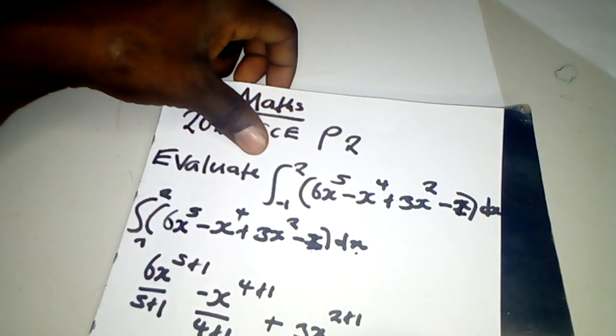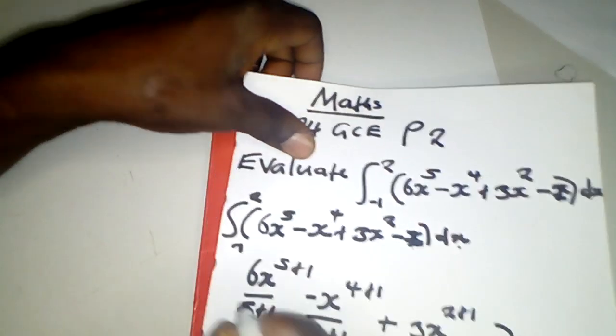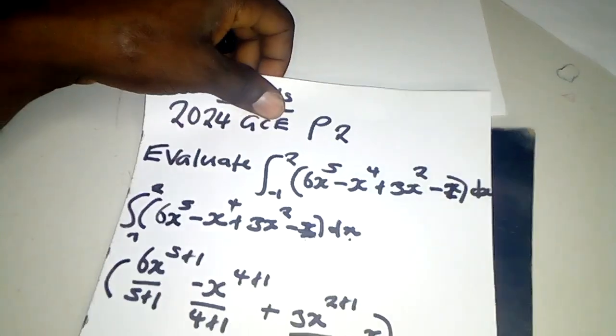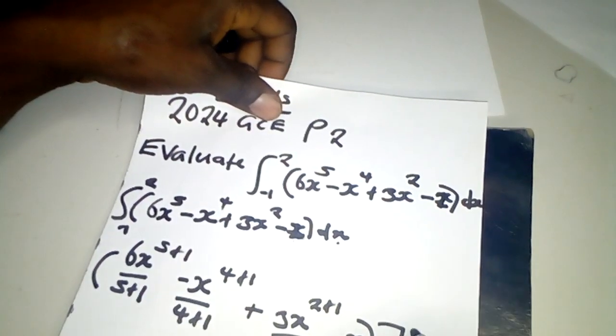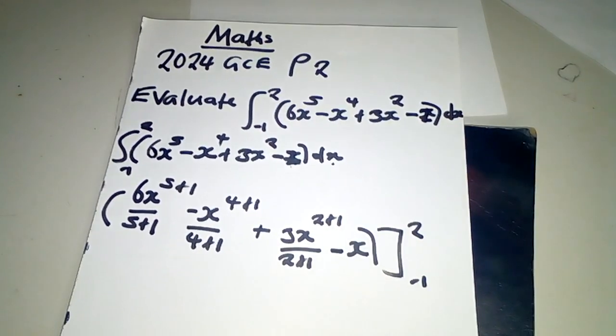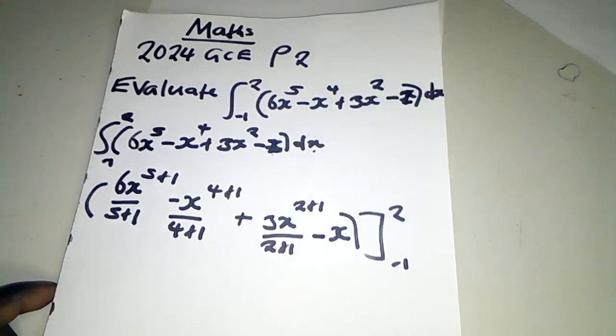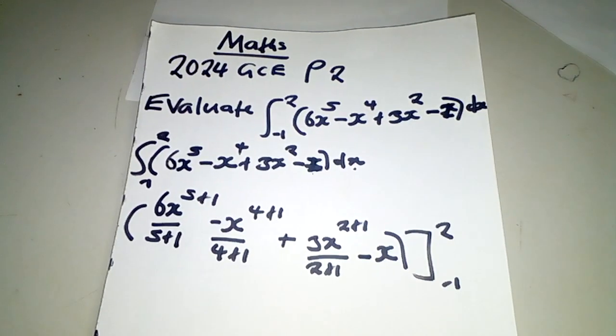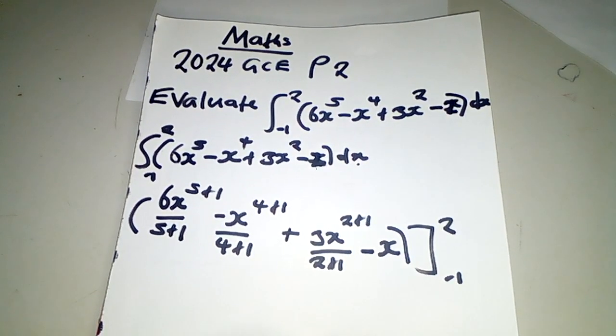So I'm going to write minus x, and we put these in brackets. So we're going to write the limits here, 2 and -1. That's what we have there. Okay, hope you are following. Now let us proceed.